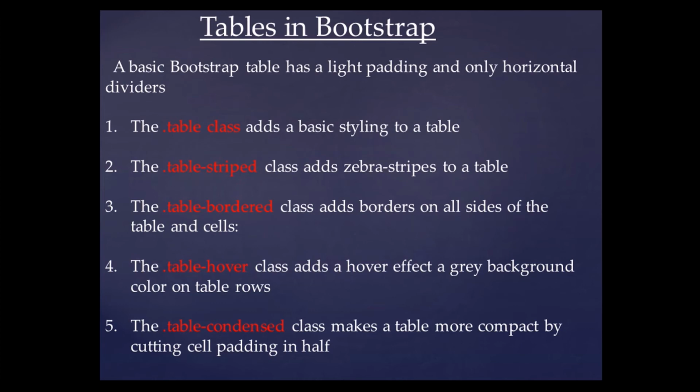The .table-hover class adds a hover effect, a gray background color on table rows. And lastly, the .table-condensed class makes the table more compact by cutting cell padding in half. Again, this will make sense to you because I need to show you in practical how this works, and when you see it, it will become that much more interesting and easy to understand.